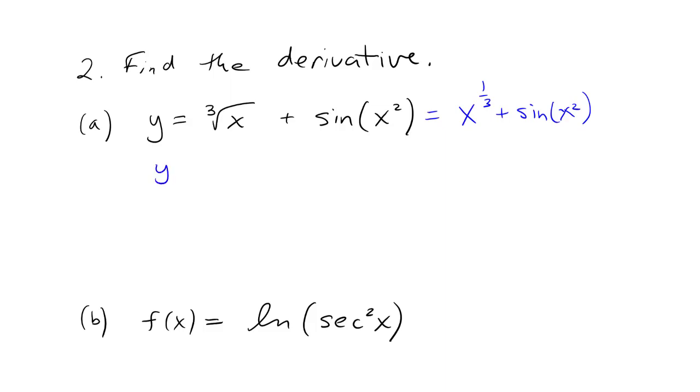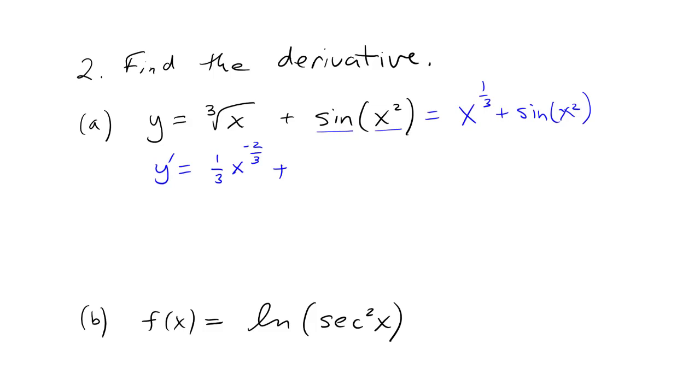Okay, so then y prime. So I have two things added, so I can just take the derivative of x to the 1/3. That's 1/3 x to the 1/3 minus 1, so minus 2/3, plus. All right, so now I have sine of x squared. Right, that's sine of something.